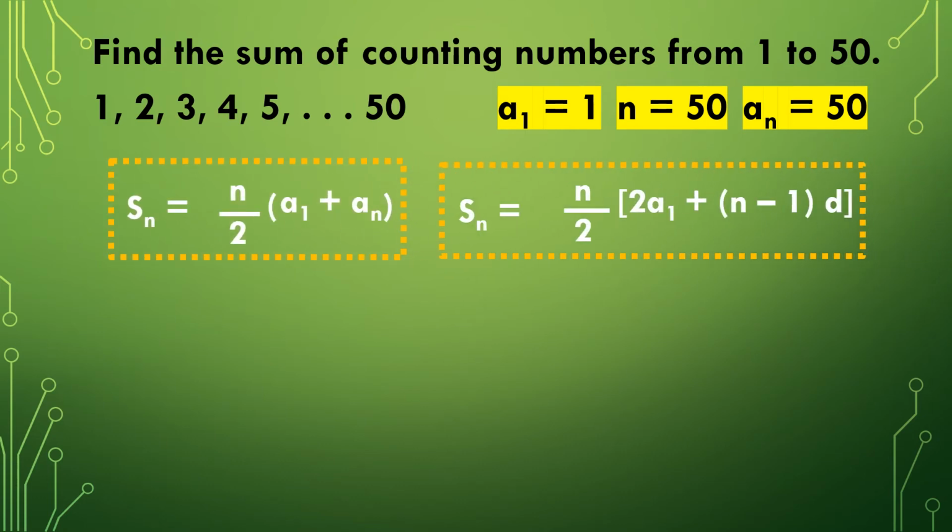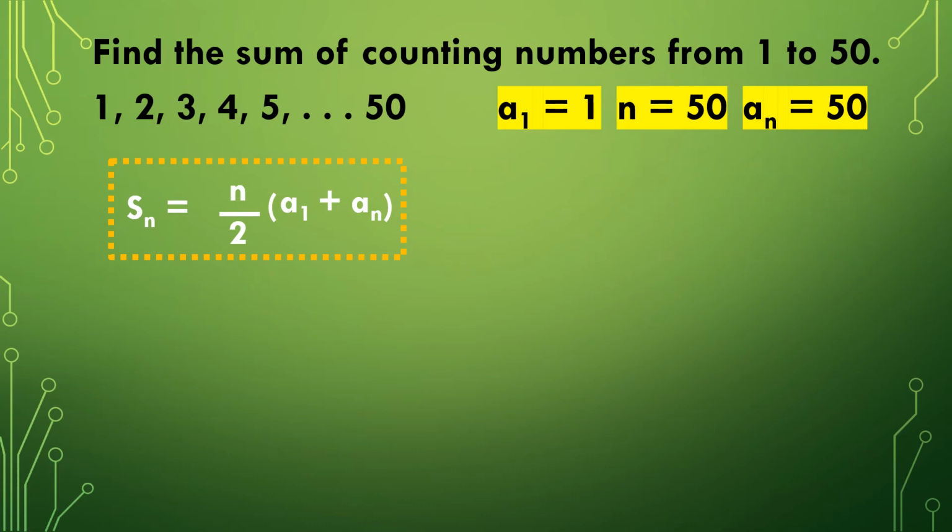Which do you think of these two equations is applicable to this given problem? So the first one is very much applicable since we know the value of n, a sub 1, and a sub n. All you have to do is to substitute the given data to the equation.